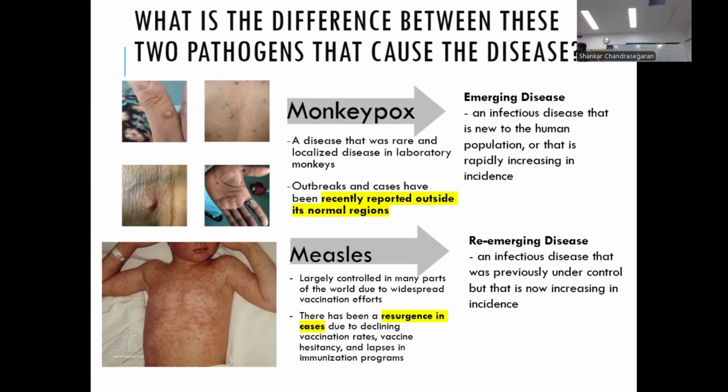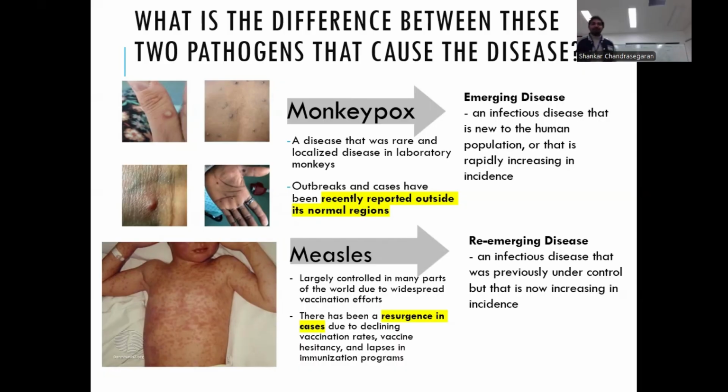For example, measles. Measles was largely dealt with due to vaccination programs a while back. But nowadays, since people are getting more lax with their vaccinations, there has been a re-emergence or resurgence in cases. So that's why this would be considered a re-emerging disease.